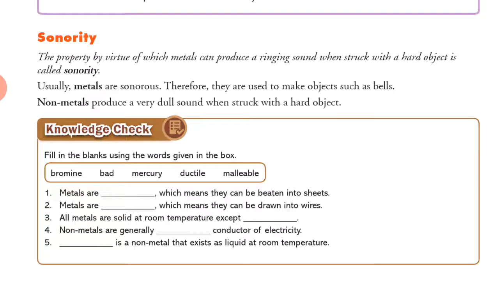So in the first blank it is malleable, in the second it is ductile, in the third it is mercury, in the fourth it is bad conductor, and in the fifth one bromine will be filled in.